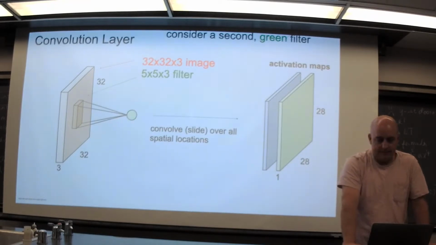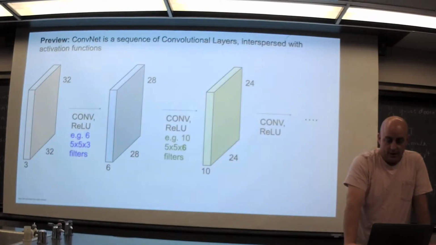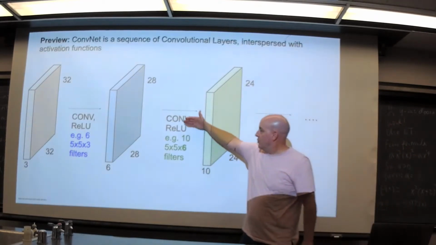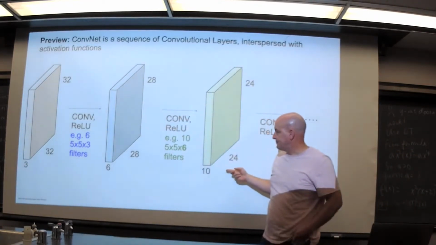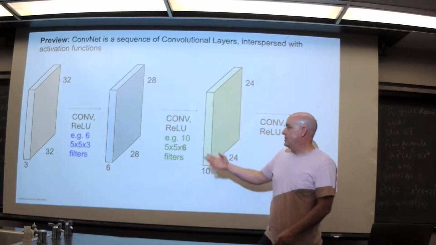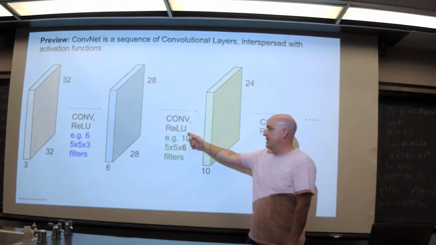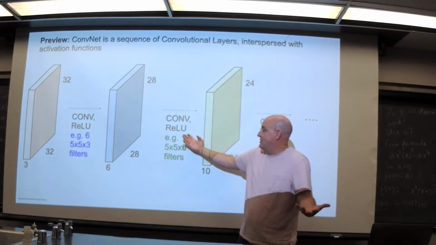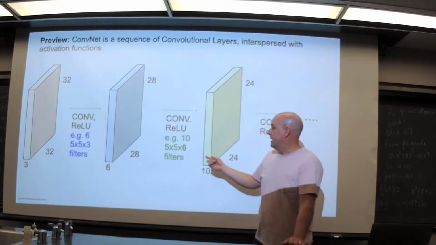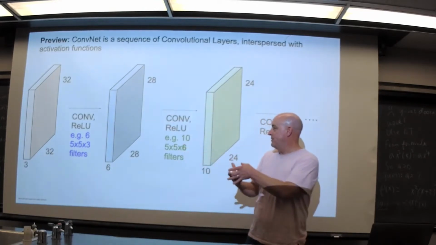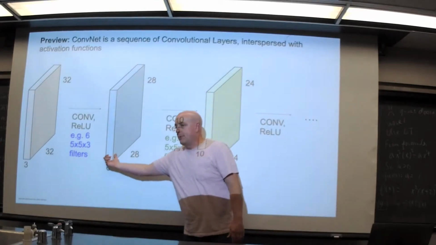All right, so we can just keep on going. When we get to the next layer here, we might choose again 5 by 5 filters, and we might have a different number. Maybe now we have 10 for some reason. But again, it's very typical that the depth of the filter matches the depth of the input.